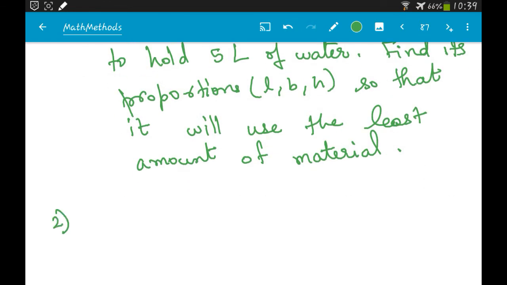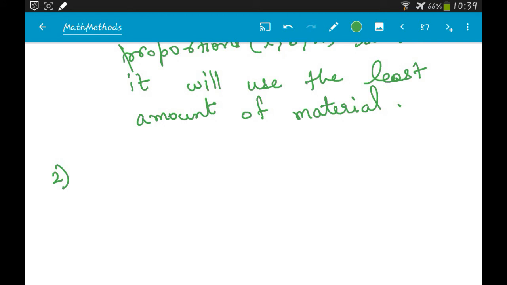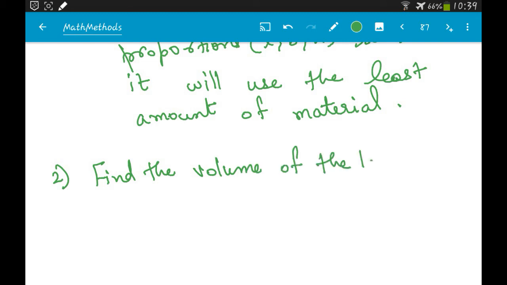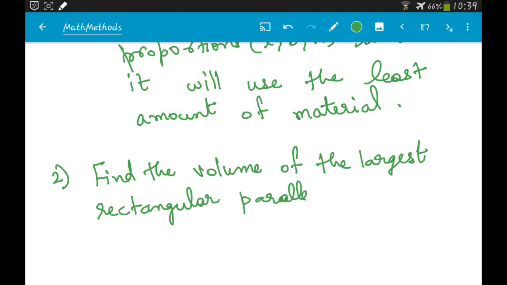And the second problem is: find the volume of the largest rectangular parallelepiped, which means essentially a box.